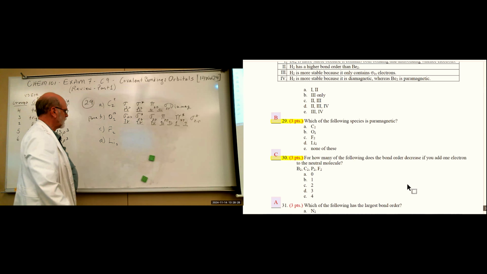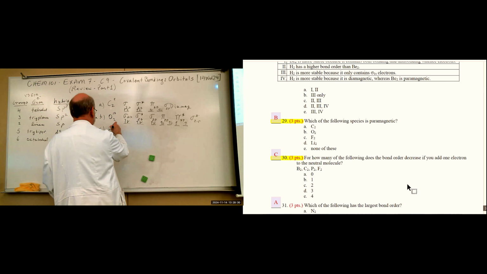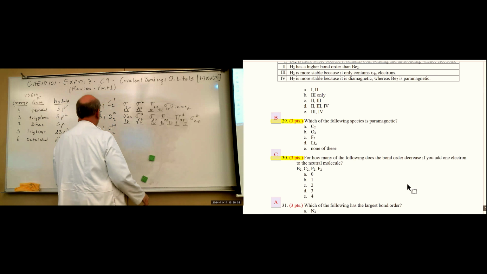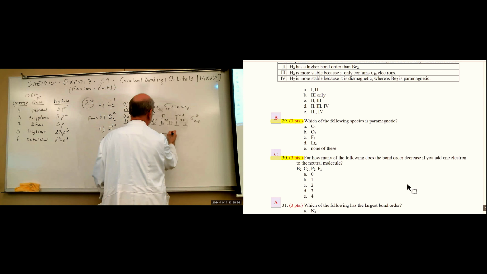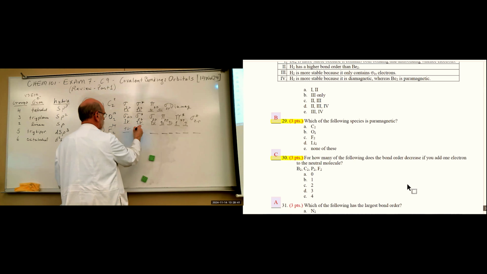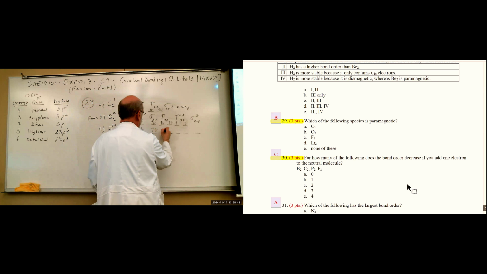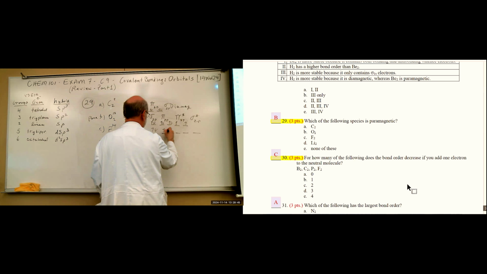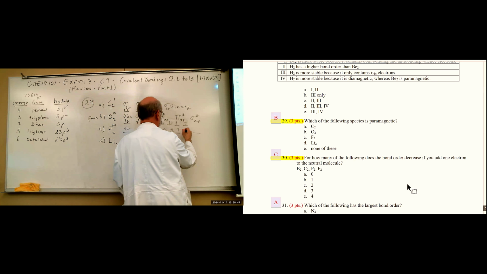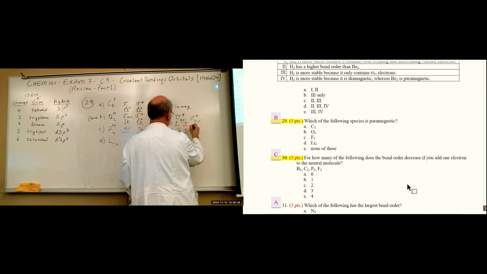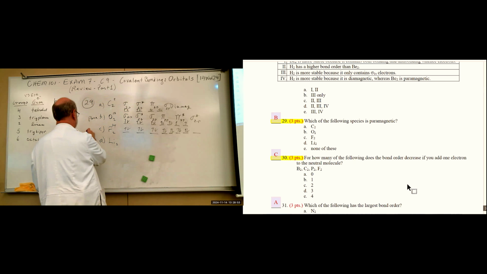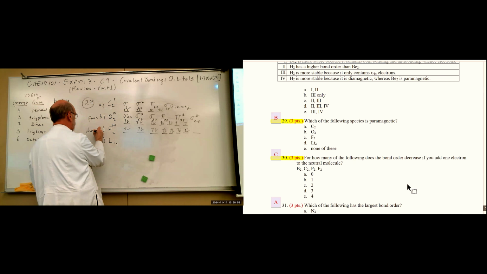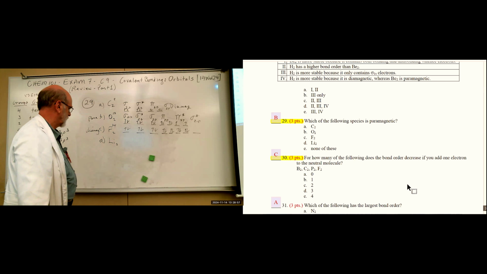Fluorine has 14, and it follows the same pattern as oxygen. So it's 2, 4, 6, 7, 8, 9, 10, 11, 12, 13, 14. This one is diamagnetic. There are no unpaired electrons with that.